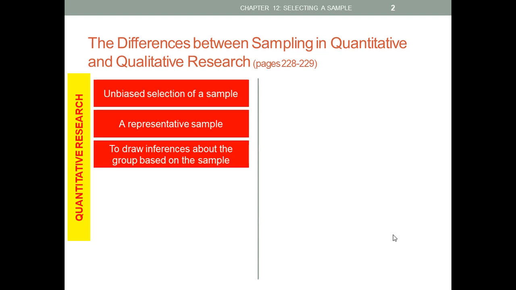The third consideration, as stated previously, is that one key purpose of a quantitative research study is the ability to draw inferences about the population, or the bigger group, based on the sample.